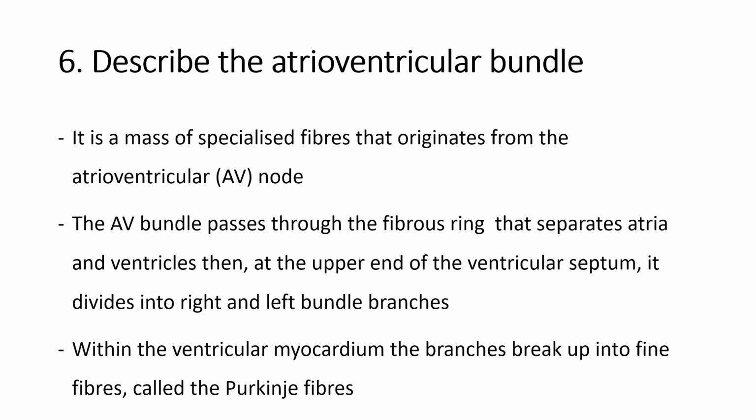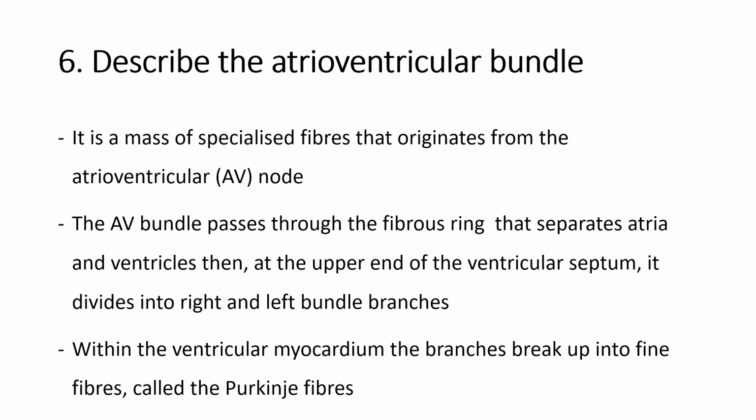All right, how do we define or describe the atrioventricular bundle? It is a mass of specialized fibers that originates from the atrioventricular node. It's very important for one to understand. First, go visit your book. In this case, my source is Ross and Wilson. So also visit your book and read, because you cannot just come read this alone.